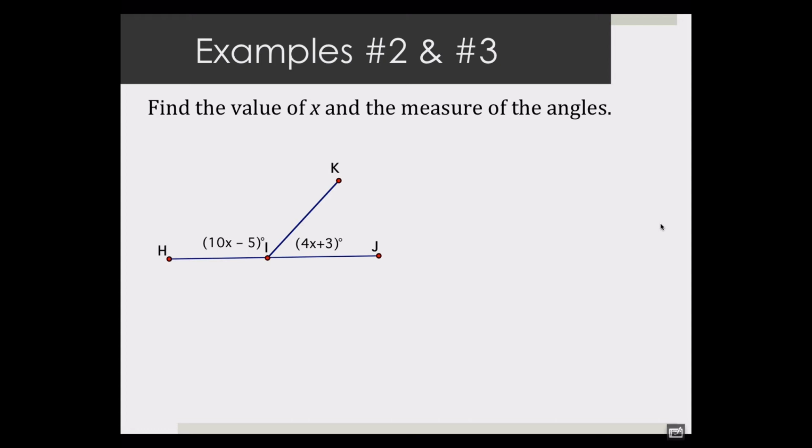Good. Answer the other question. Try to measure the angles, and then when you're done, put it on the board.